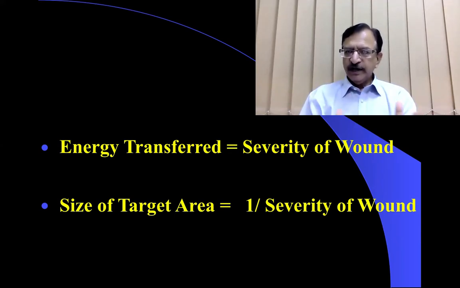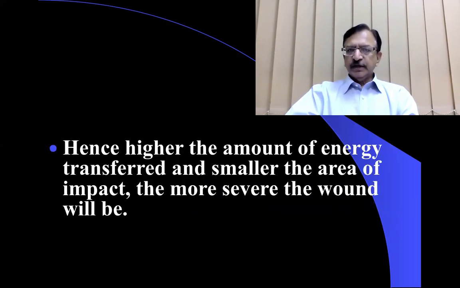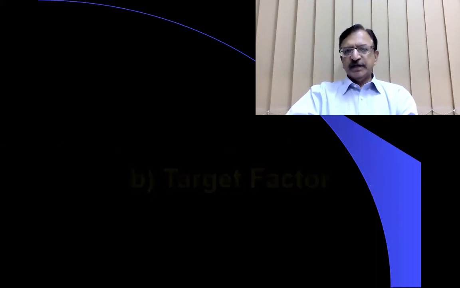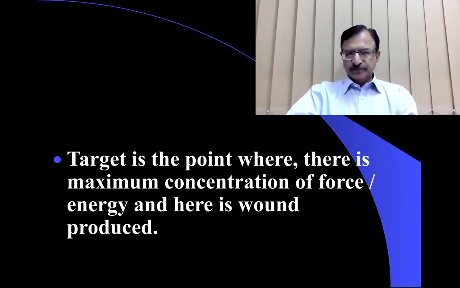Then the whole energy will be concentrating at a single point. Hence, the higher the amount of energy transferred and the smaller the area of impact, the more severe the wound in appearance.